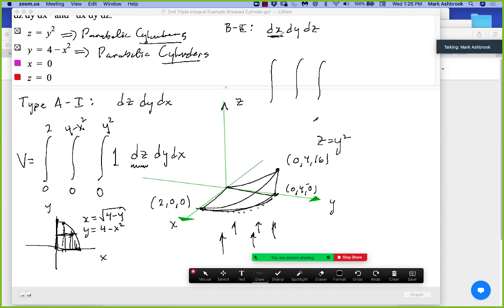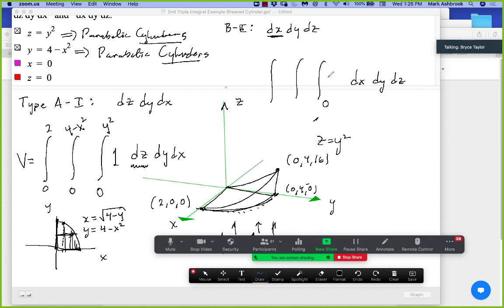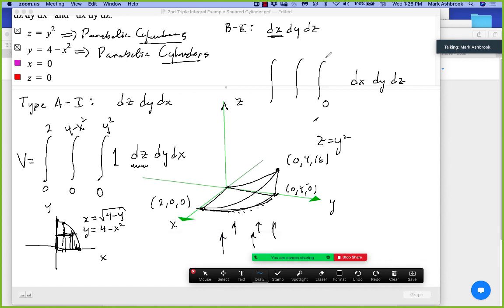Dx is left to right. Or back to front. Back to front. The back is x equals 0. The front is, so all the arrows are going to exit out this vertical surface, x squared. So we need x equals, so it's going to be the square root of 4 minus y, again.